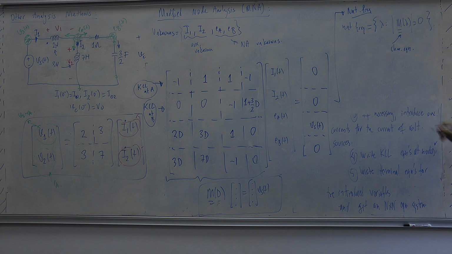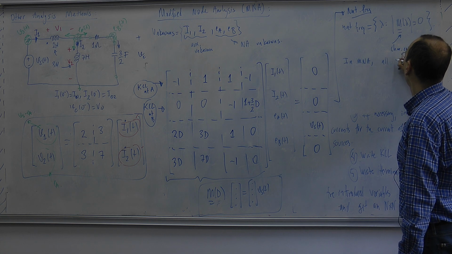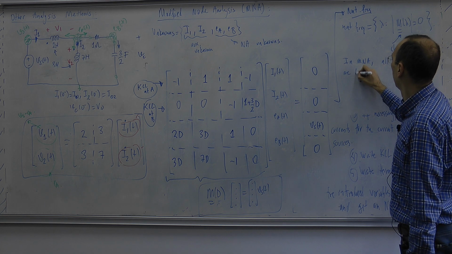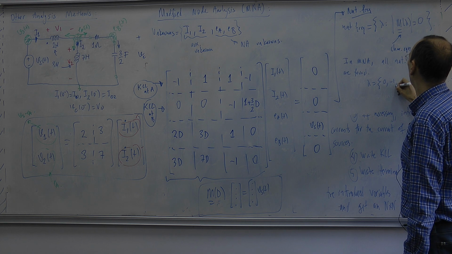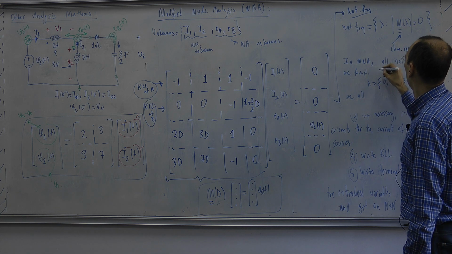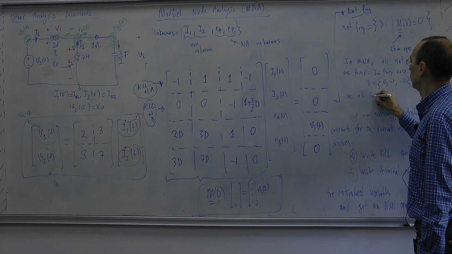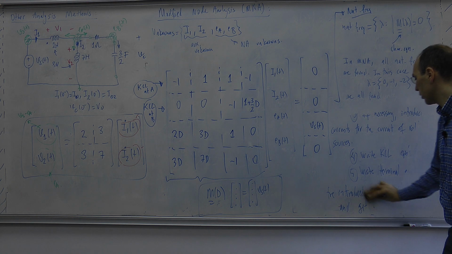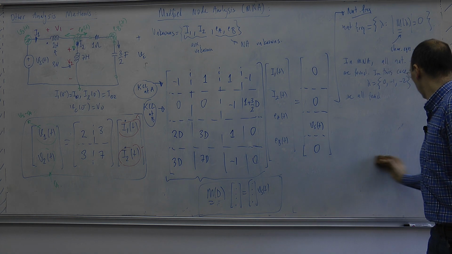Since there is no D inverse in M and A, all natural frequencies are found, like in this example, lambda 0, minus 1, minus 3, since this is again a differential equation, there is no D inverse term.